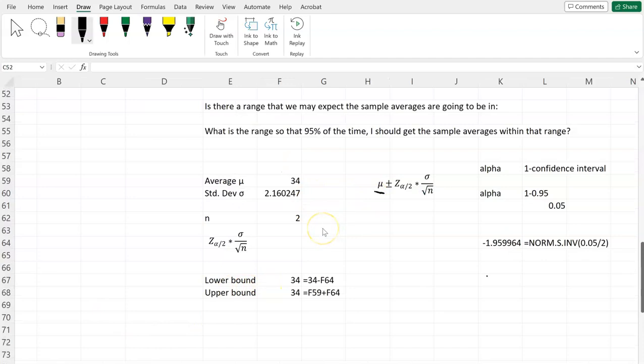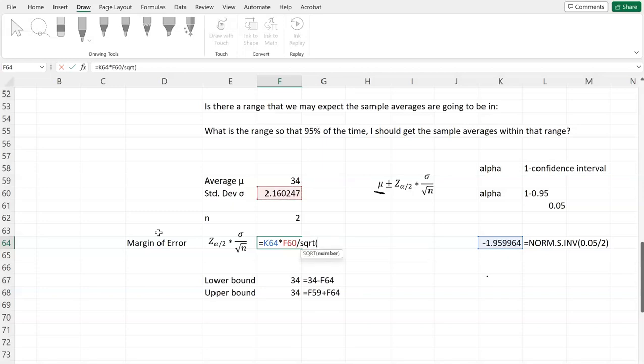Now, how do we calculate the confidence interval? I copied this part of the formula here, and this part has a name. We normally call it the margin of error. I know what the numbers are, so I can just plug them in. It's the z value that I found, which gives us the extent of the range, multiplied by the standard deviation divided by the square root of the sample size.